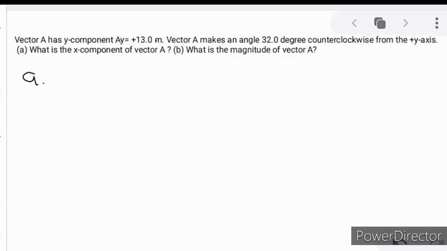Now, we are going to discuss component vector. As you can see, there is a given problem here, and let's try to solve that.